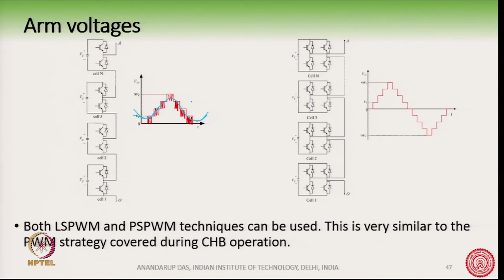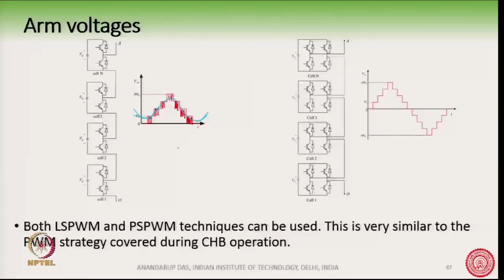Now, when there are many cells connected in series, then we may not use a PWM. Just to clarify, if the number of cells in the arms is very large, say hundreds, then we may not even need these pulse patterns, and we can simply have a square wave kind of operation.